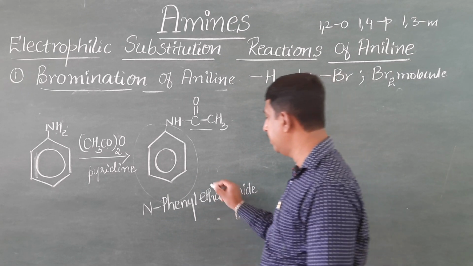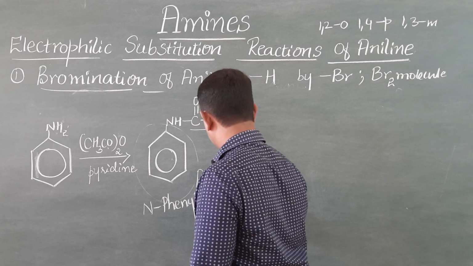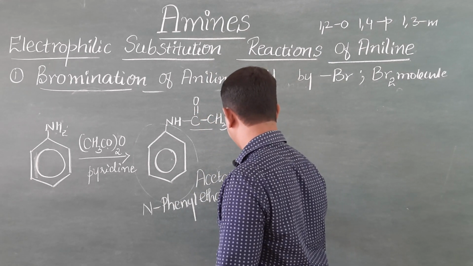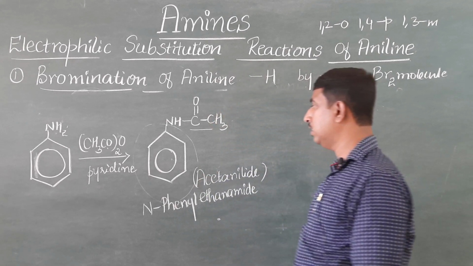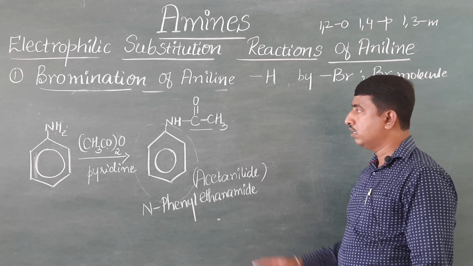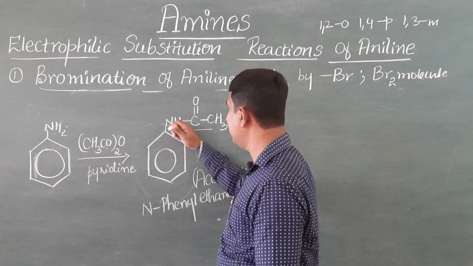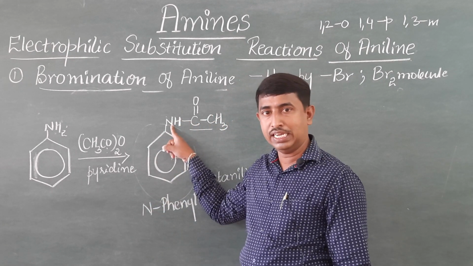It is also called, as I told you in the last sessions, acetanilide. Now, if we carry out acetylation, the activating nature or electron donating nature of nitrogen decreases.